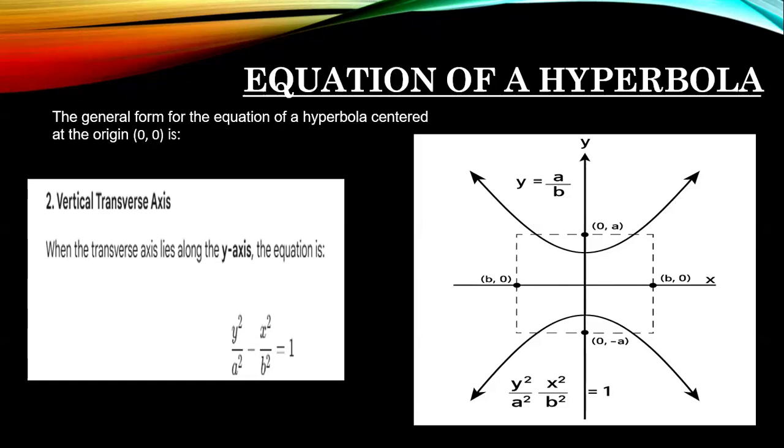All right, if we look at the vertices from our diagram, our vertices are (b, 0) and then (-b, 0). Sorry, this one is supposed to be negative b. In this case, this shows how far the hyperbola spreads left and right.